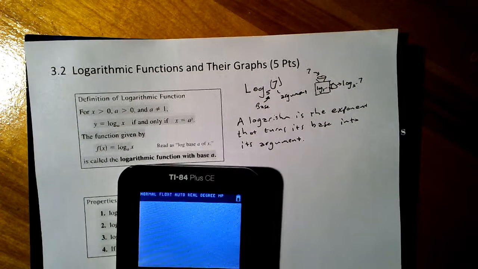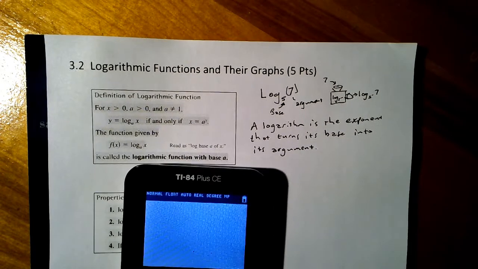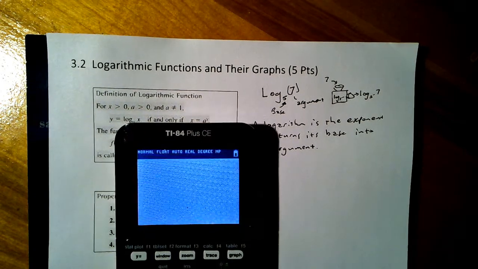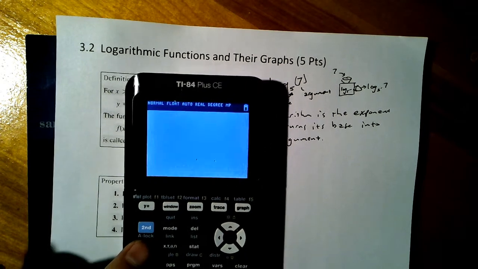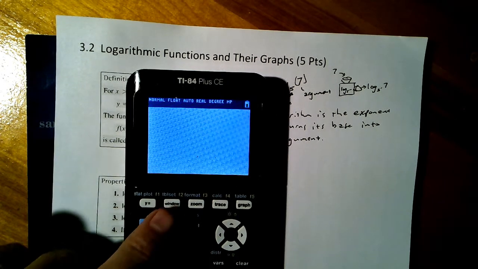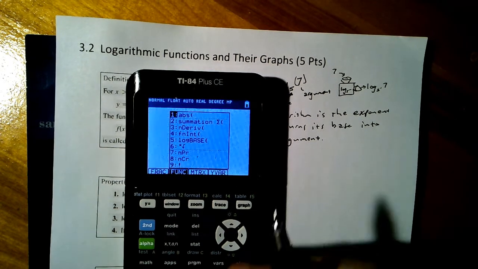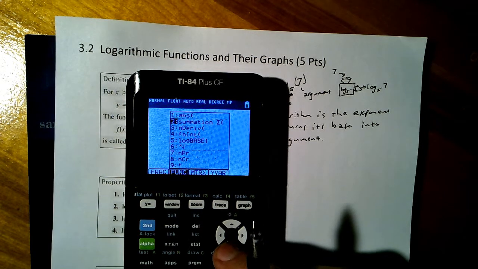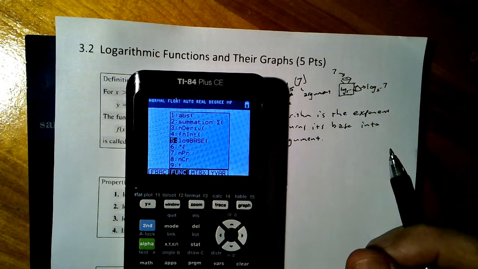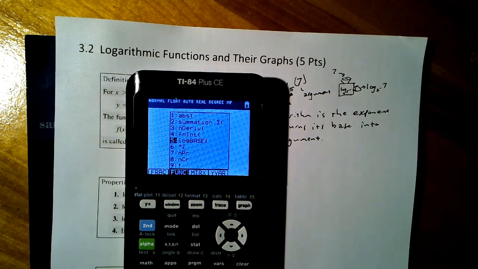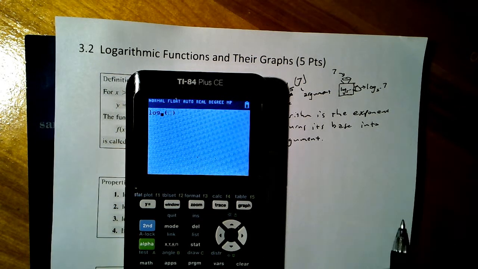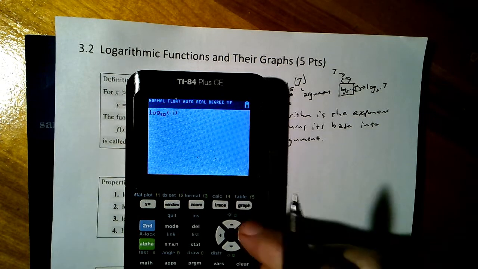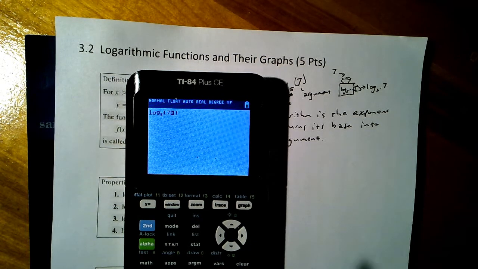But to get to a log base 5 or a log base some other number, I can go alpha, window, and you'll see the Texas Instruments people think it's important enough that we should have this one in a shortcut. So here's log base, and there we have it. Now I can put in 5 and put in 7.